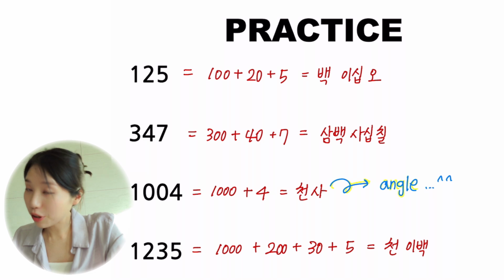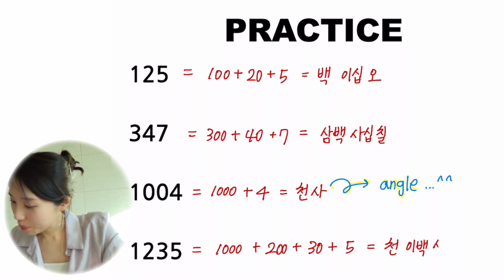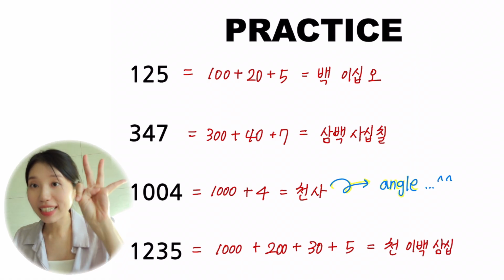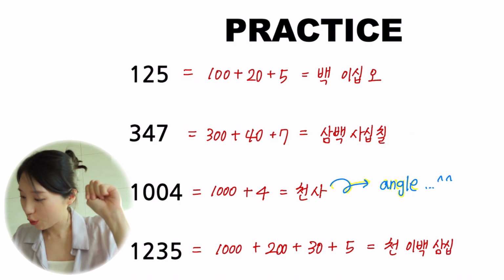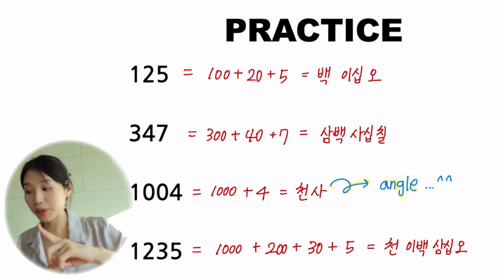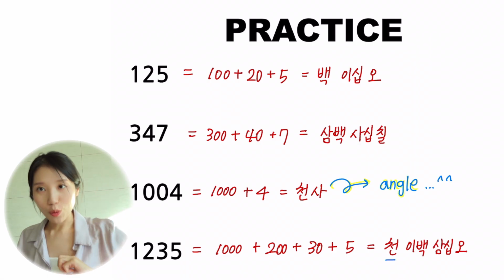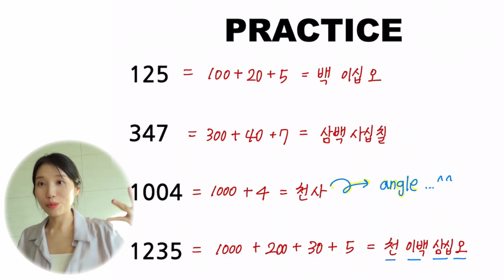And 30, there are 3 tens, so 삼십. And last, 5, 1, 2, 3, 4, 5, 오. So 1235 in Korean, 천이백삼십오. Wow, great. We did it.